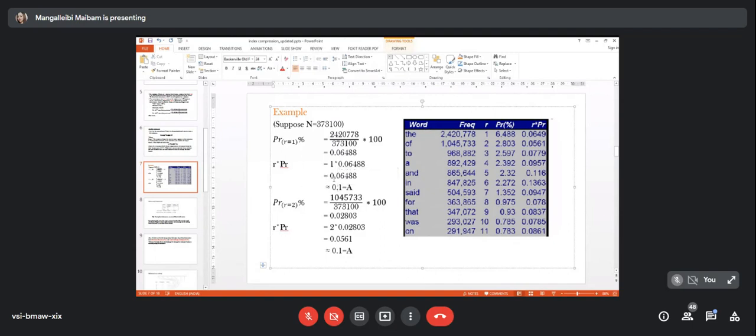I am getting 0.06488. So this is similar to 0.1 and equal to A, which is our constant value.